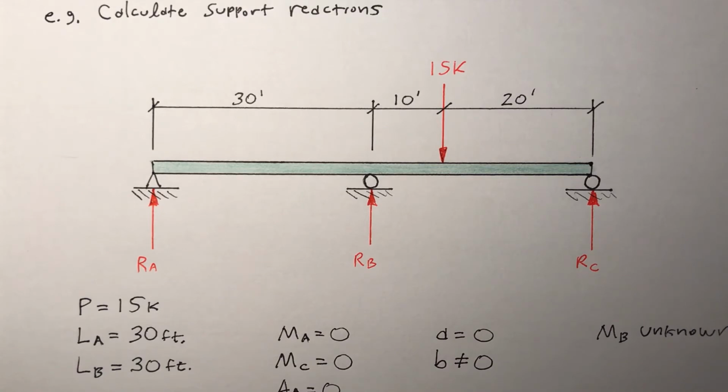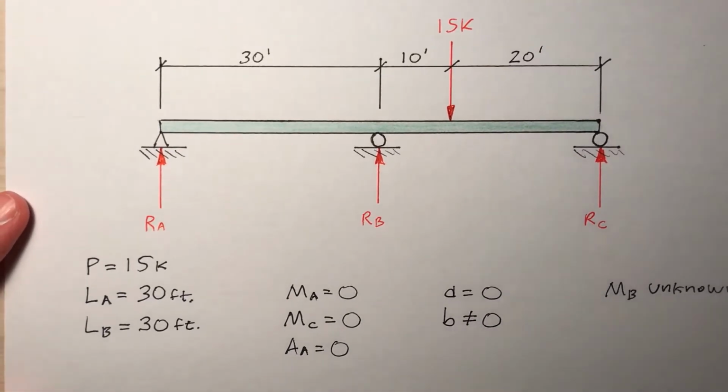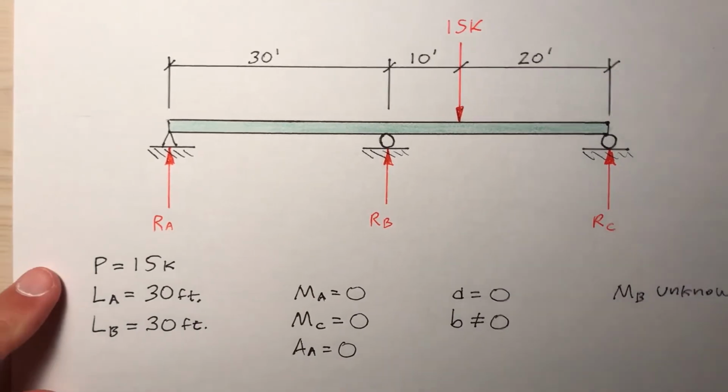Obviously this is indeterminate. I can't use the equations of equilibrium to determine R sub A, R sub B, and R sub C. What's P? P is 15 kips, that's the load. L sub A is the length of this first span between A and B. And I just noticed I forgot to label these nodes.